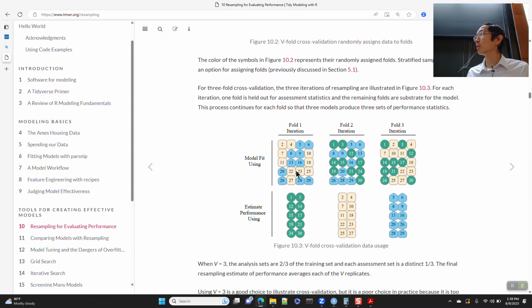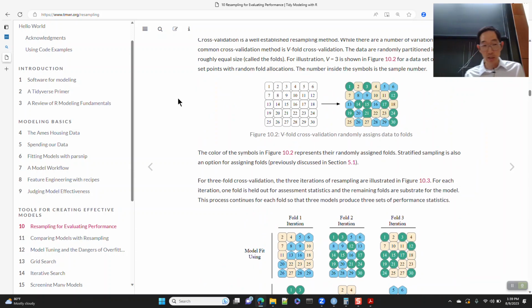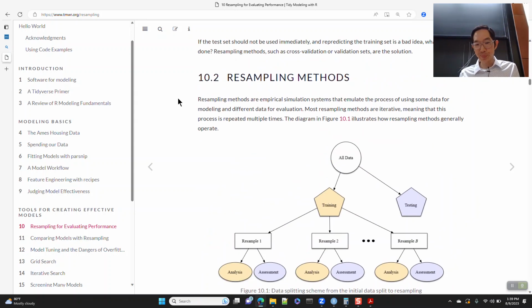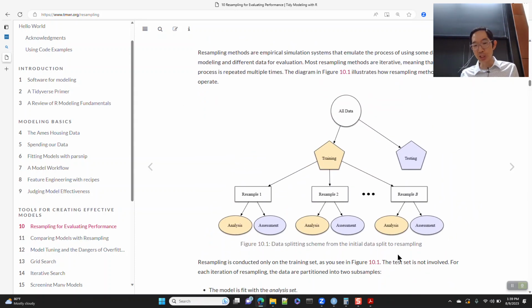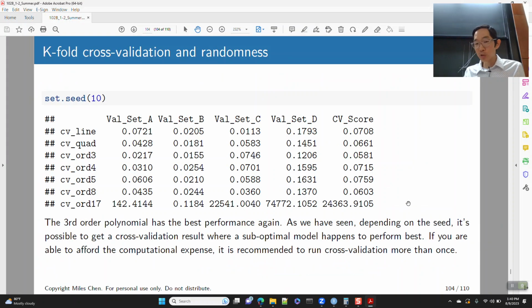We train on the yellow and blue and test on the green. We train on the green and the blue, and we test on the yellow, and we train on the green and the yellow, and we test on the blue. That's the illustration here. And so when you're doing the averaging here, it's really just on this part, which is okay.